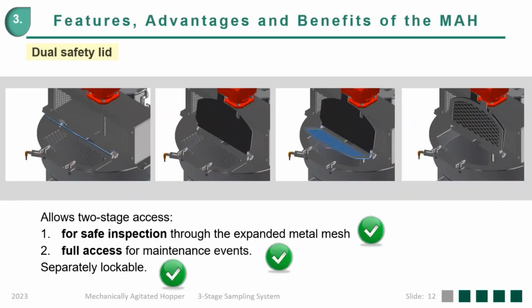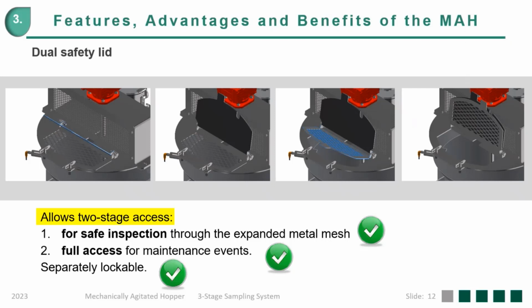Now we will discuss the dual safety lid. The mechanically agitated hopper has a dual safety lid to prevent a person from inserting his or her hand while the mechanical agitation is in operation. It has 2-stage access.